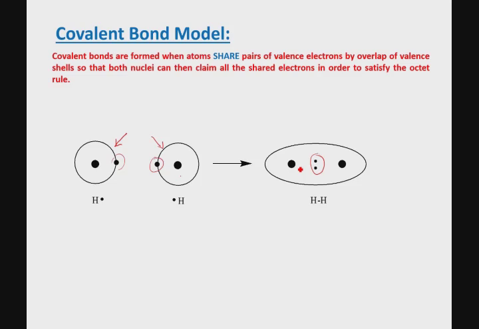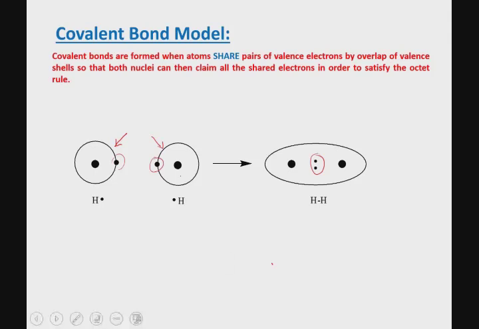So the sharing of electron pairs always happens by an overlap of valence shells of the two atoms that are undergoing covalent bonding. When you look at this covalent bonding of this kind, you notice that each of the two nuclei can now count both of the electrons to be their own, and since it's the first shell, that's the valence shell, whose capacity is 2 electrons, both the nuclei are now satisfying the octet rule because they can both count the 2 electrons to be their own.